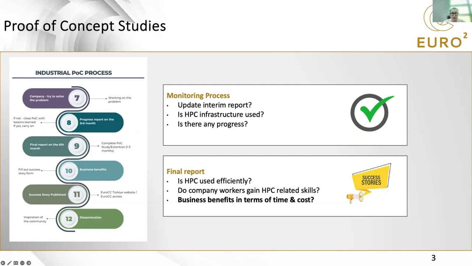According to their report, if the company workers gain some HPC related skills, or the company gains some business benefits, maybe in terms of time, money and cost, then this proof of concept study turns into a success story, and then we share this success story through our social media channels in order to encourage society.